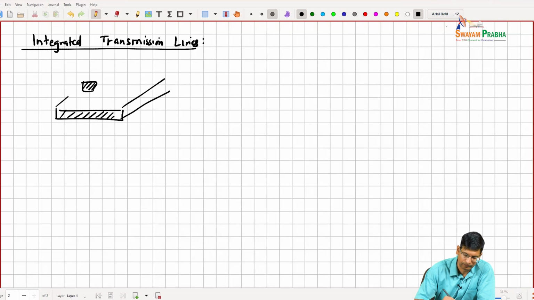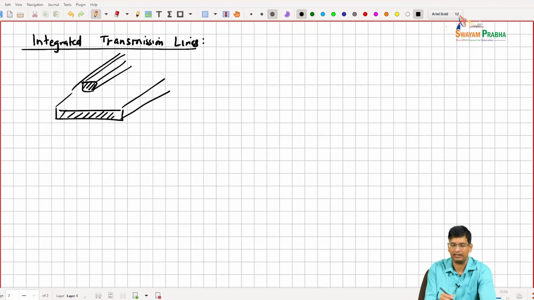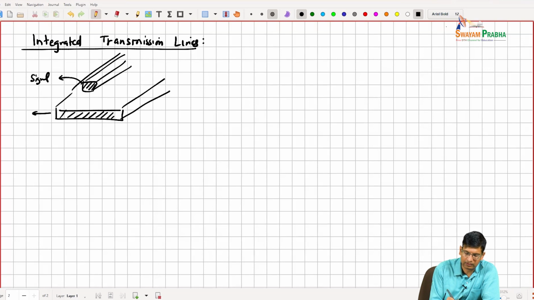So you're basically taking the signal with reference to this ground. So we call this a microstrip.